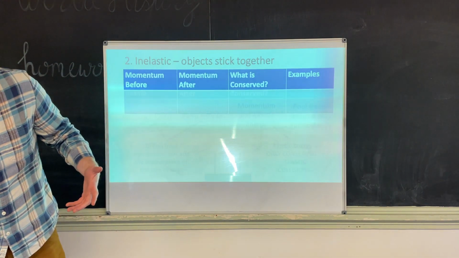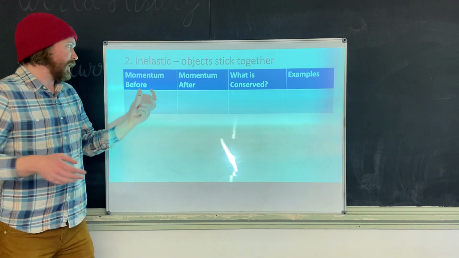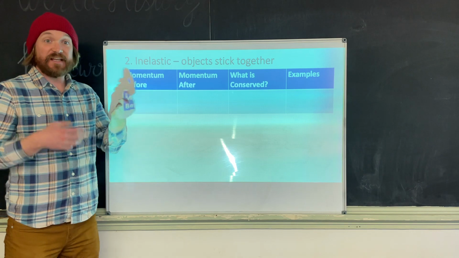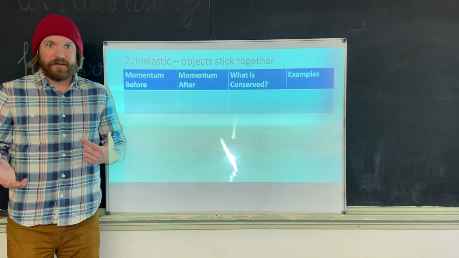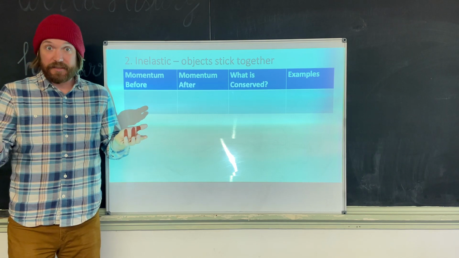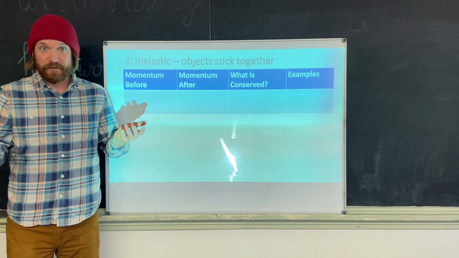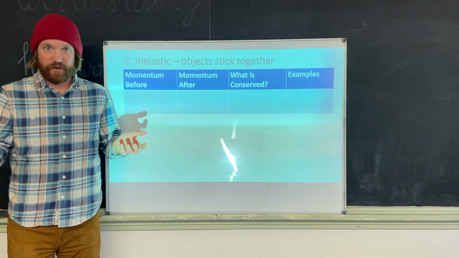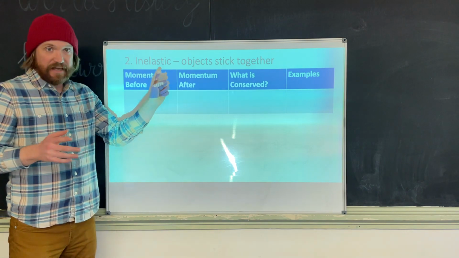So today, we're going to talk about inelastic collisions. If you've never seen the prefix in before, in means not. If something is incomplete, it is not complete. If something is incorrect, it is not correct. So inelastic just means not elastic.